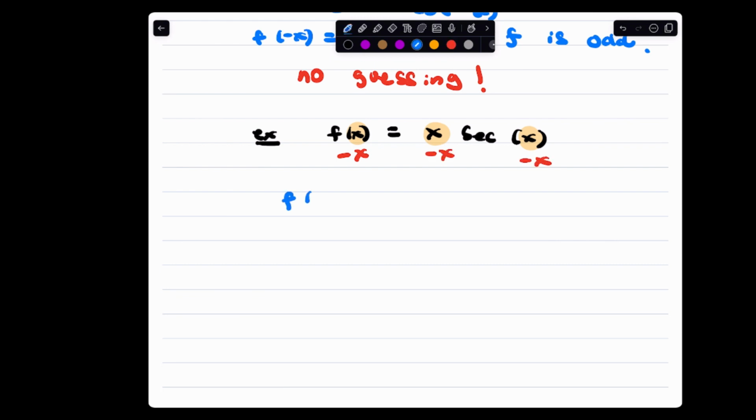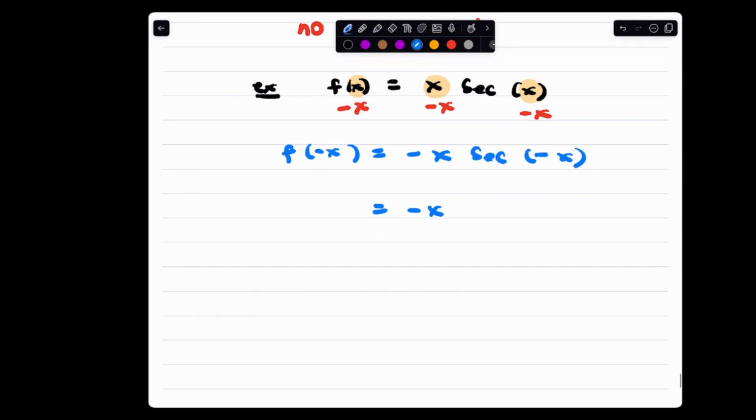So f of negative x will be negative x secant of negative x. Now, secant is a reciprocal of what? Cosine. Is that true? So what do you guys know about cosine? It's even. So is secant.